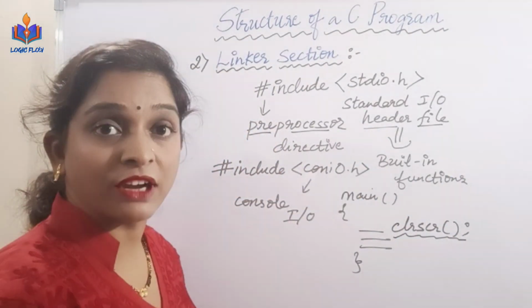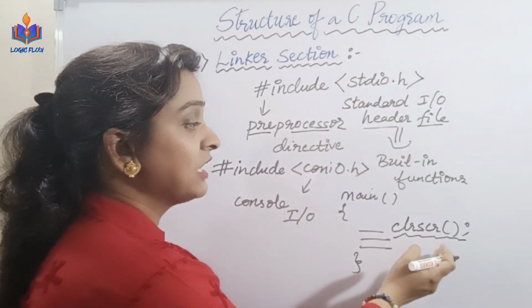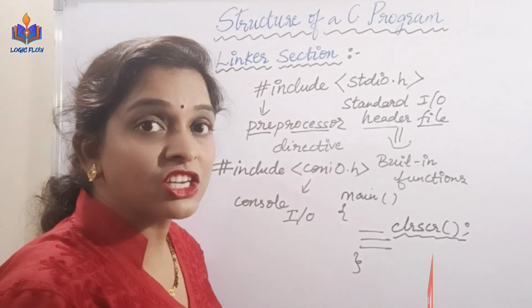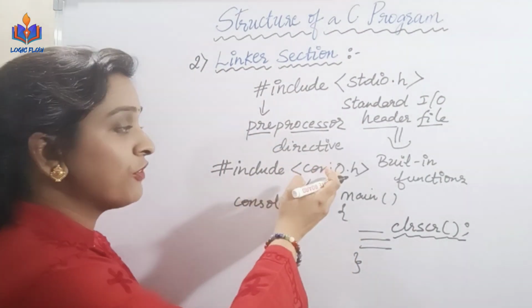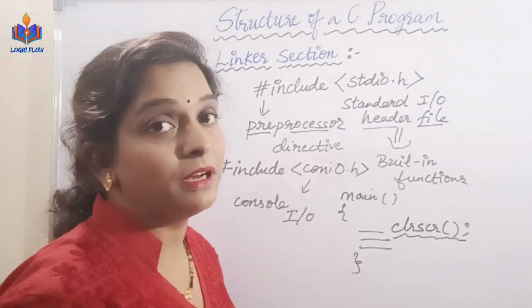A header file is like a folder, and inside these folders we get the definitions of all these built-in functions. The linker section will link your program to these header files.